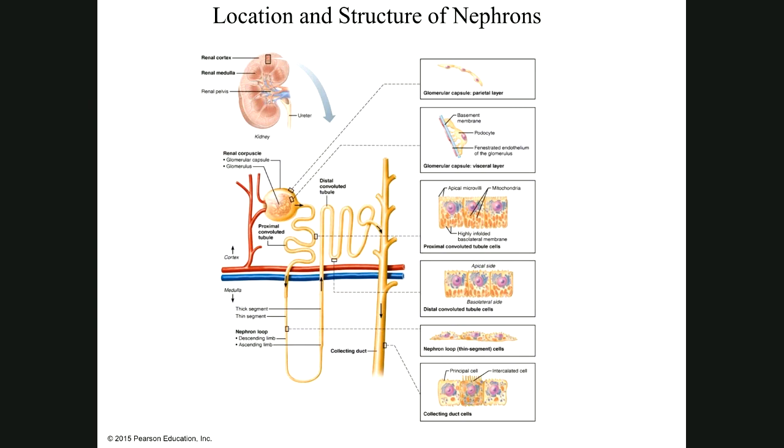We have the nephron loop. It's like a U, it's a loop, right? And we have the one that is far away from the renal capsule, called the distal convoluted tubule. Those distal convoluted tubules drain into a big, huge tube that we call the collecting duct.